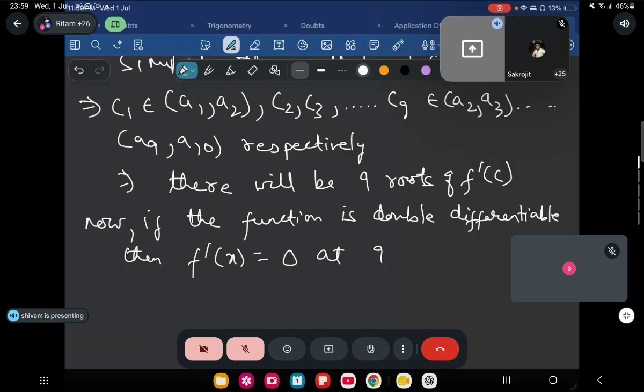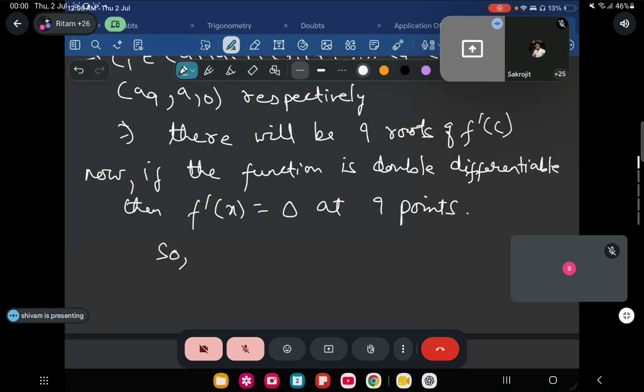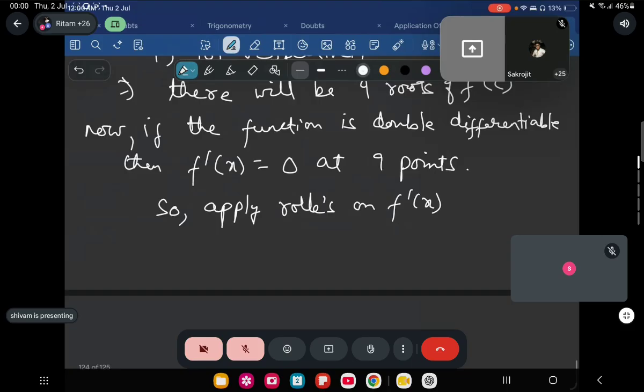That means f dash x is equal to 0 at 9 points. So applying Rolle's theorem on f dash x as well.